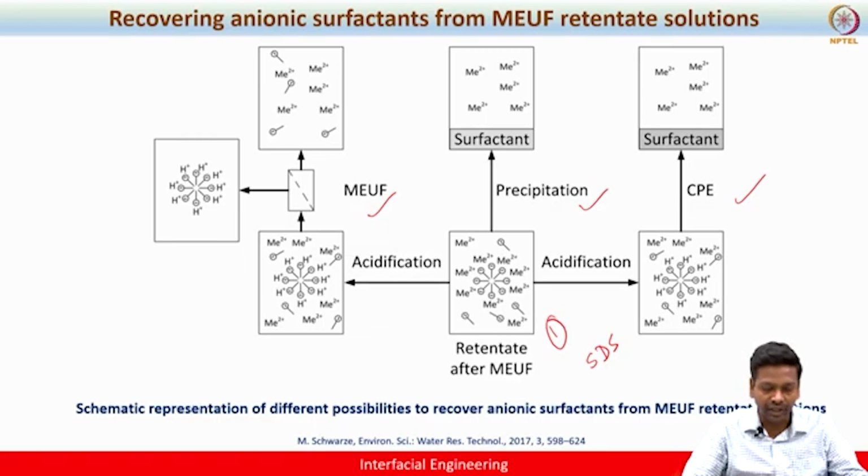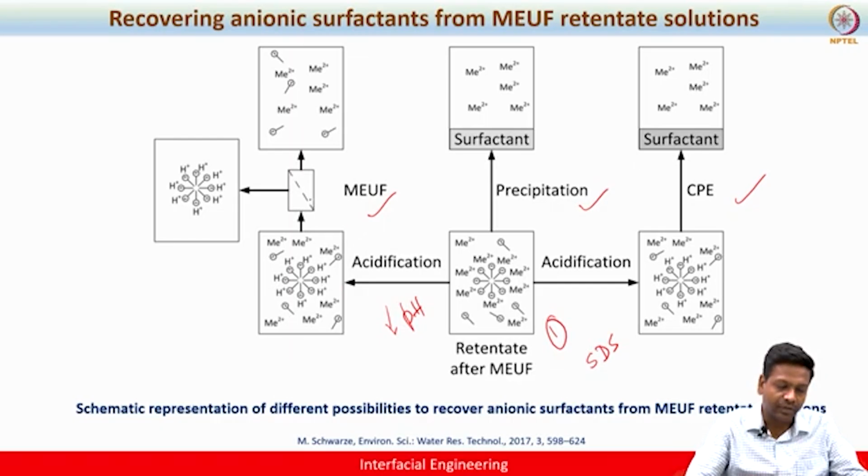Then when you perform the acidification, which means that you lower the pH of the solution, basically it will generate a lot of protons, right? When protons are generated around the micelles, naturally these cations will be detached from the micelle, because the protons will repel the cationic impurities through electrostatic repulsion between the two.